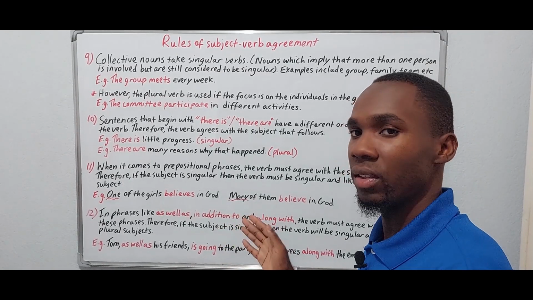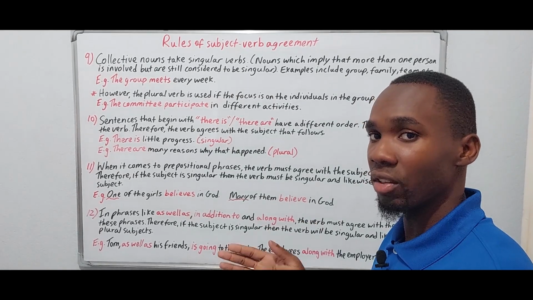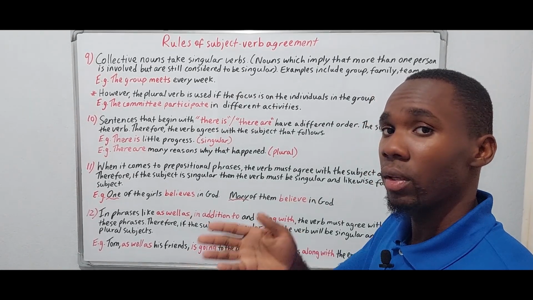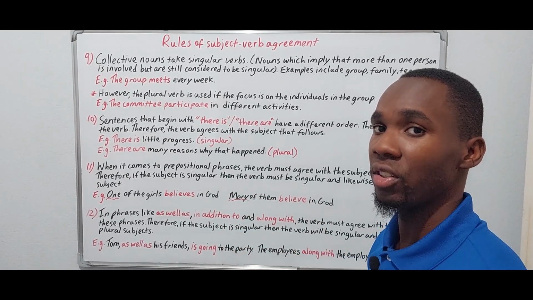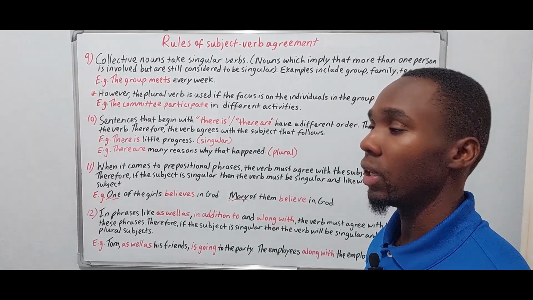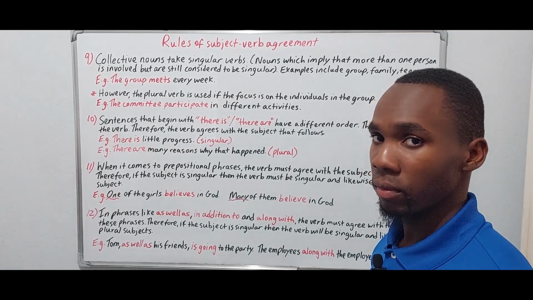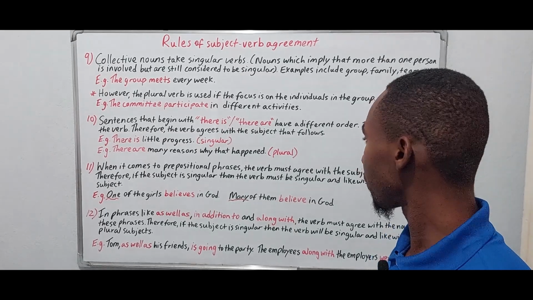So when it comes to these phrases, the verb is going to agree with the subject, or the noun that precedes the prepositional phrase. So if that noun is singular, then the verb must be singular. If that noun is plural, then the verb must be plural. So don't get confused with prepositional phrases, okay?